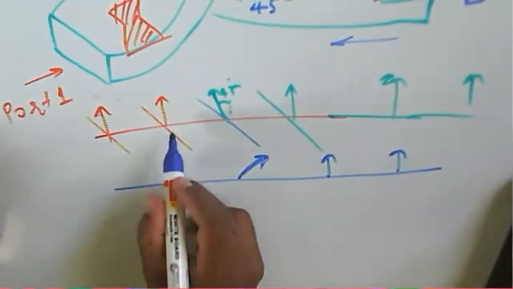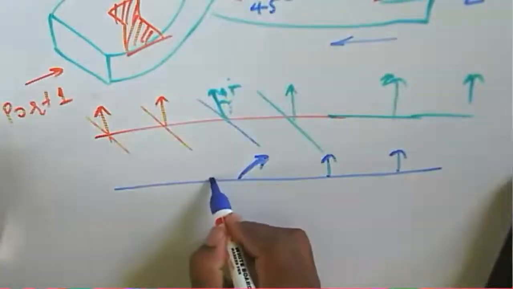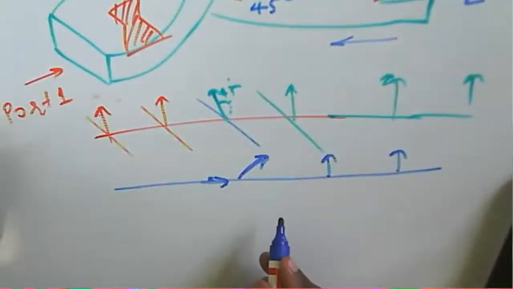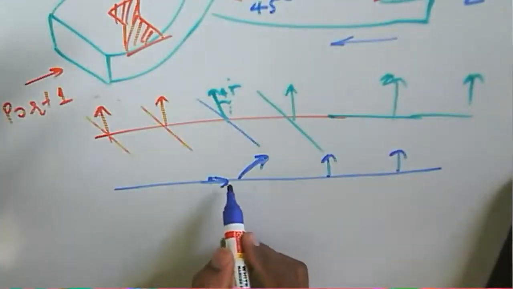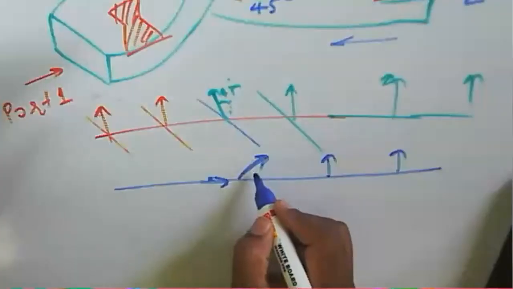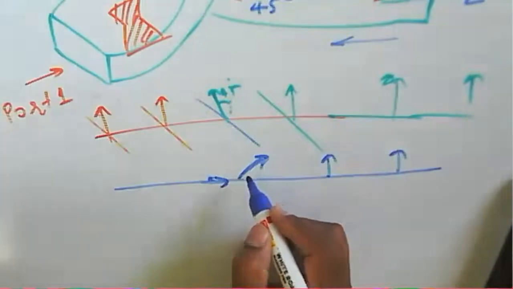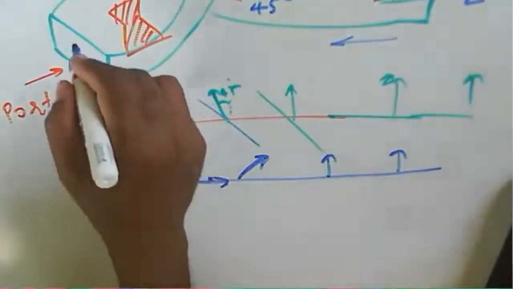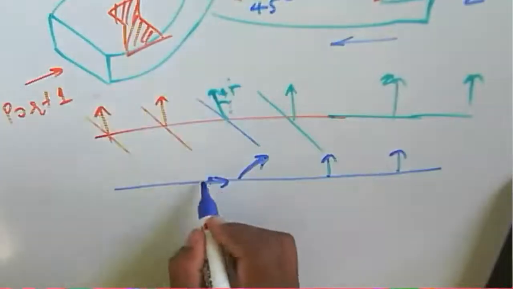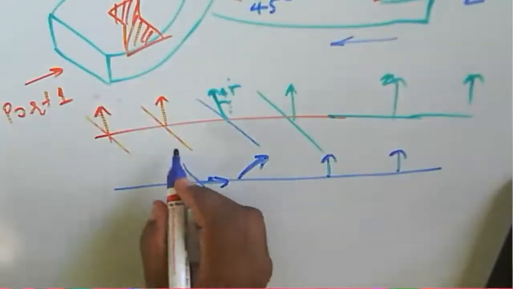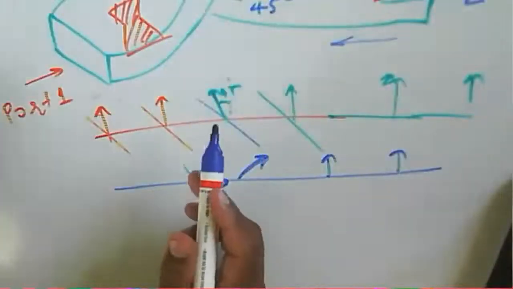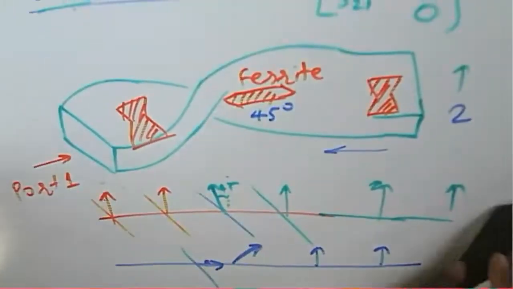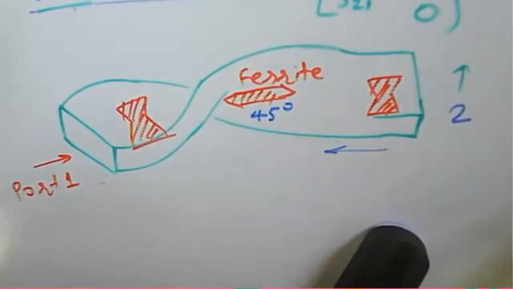Then when it reaches the twist here, it will again be twisted by 45 degrees. So 45 degrees and 45 degrees, and at this particular point it will be parallel to this resistive card. Because it is parallel to the resistive card, the resistive card will absorb all the power, all the signal propagating through the isolator.